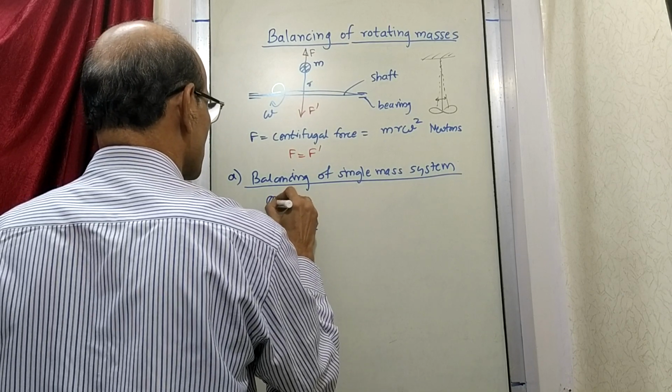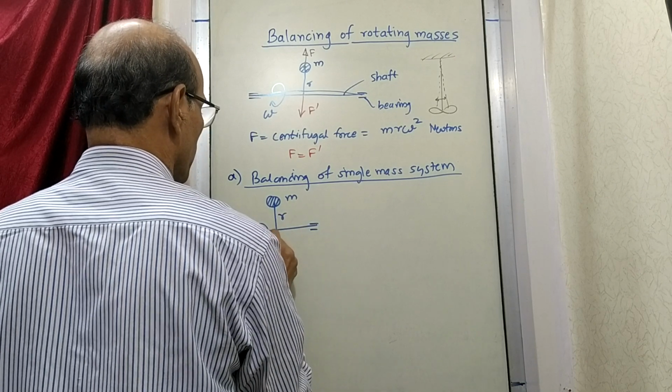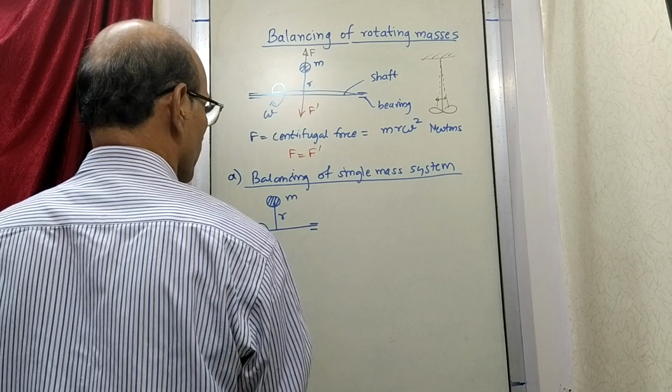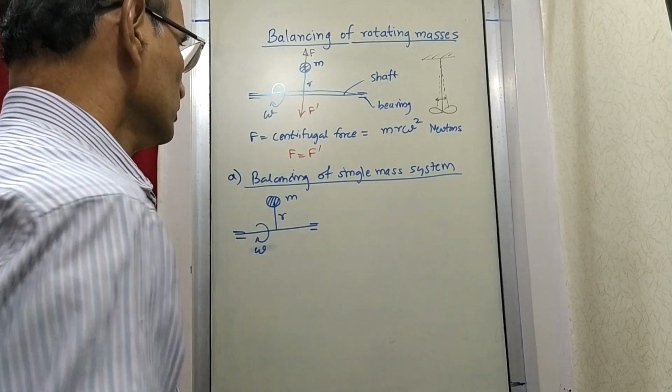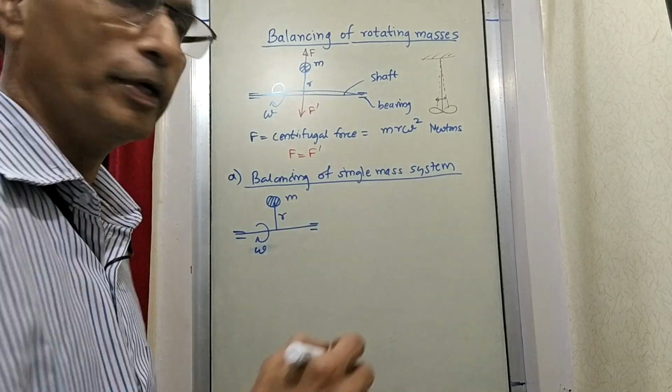Let us show one mass here at a distance r, and it is rotating with angular velocity omega like this. And we are trying to balance this. Now how do we do this?